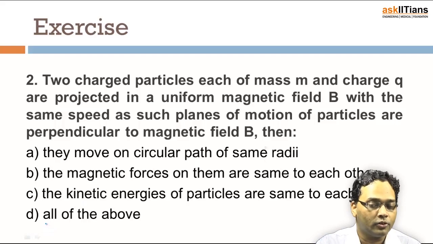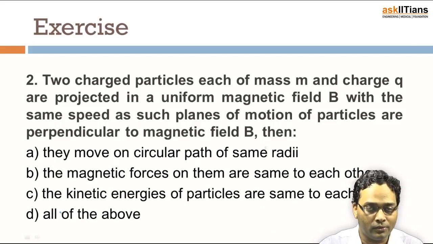What are the forces that are going to be acting? Both of them are going to be acted upon, even though they are projected along different directions. It doesn't matter, as long as they are acted upon by the same magnetic field and the magnetic field is perpendicular to their plane of motion. That means both of them would be acted upon by the same amount of force.